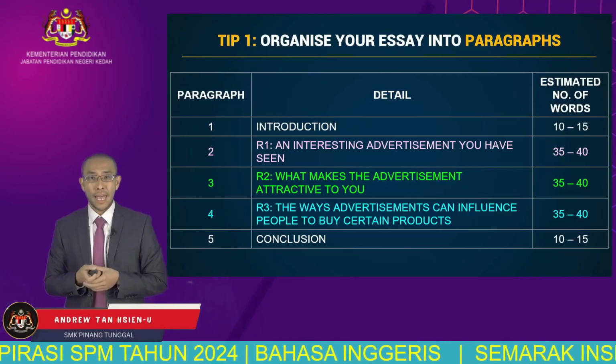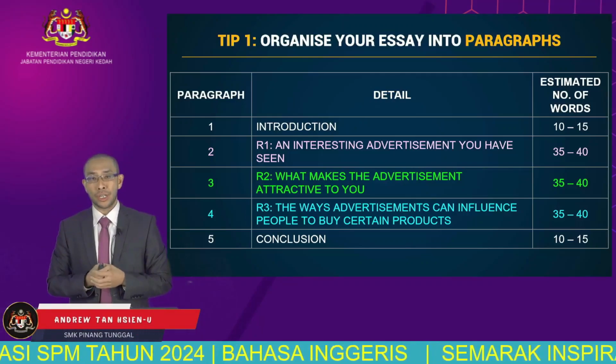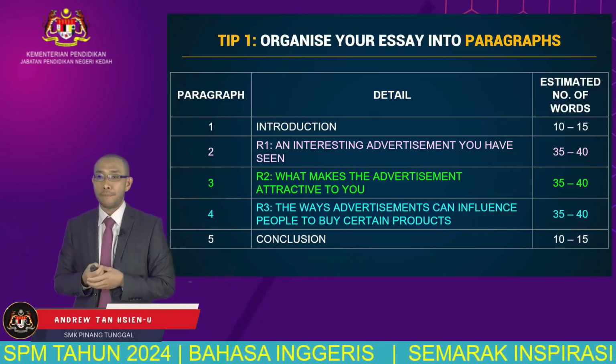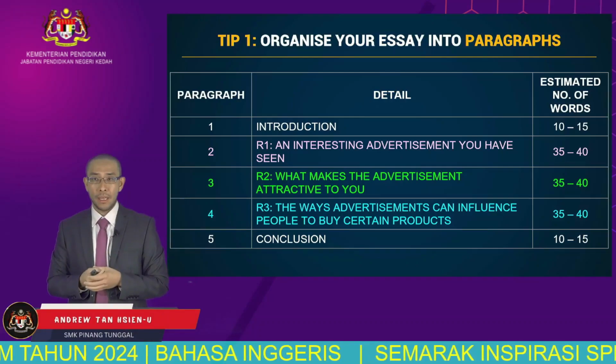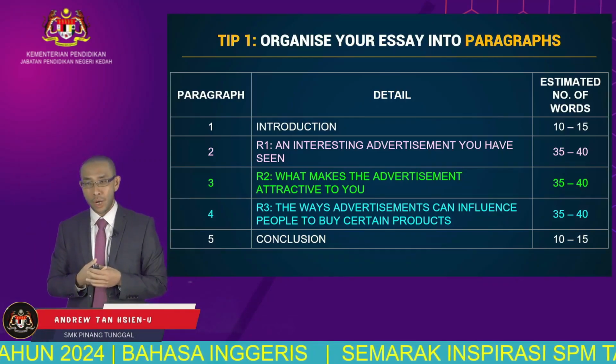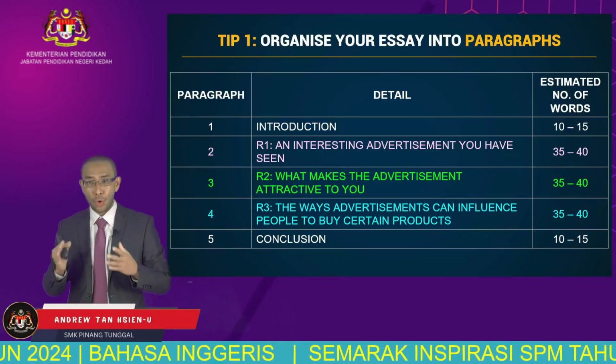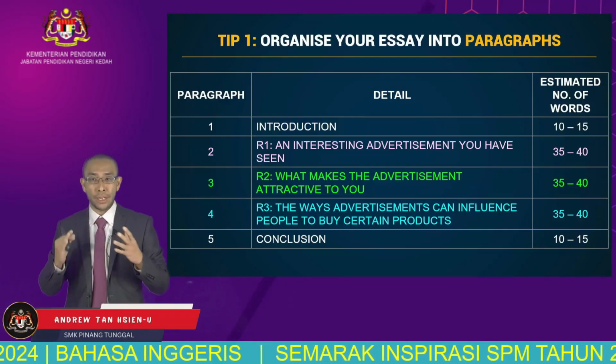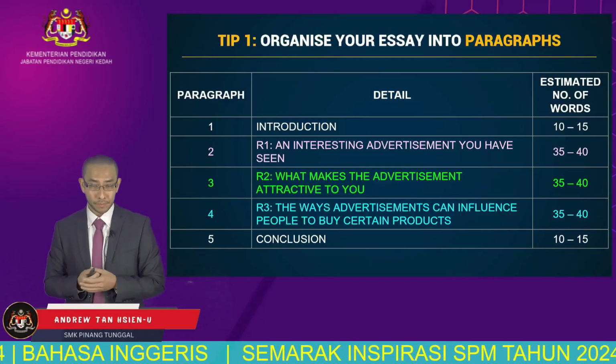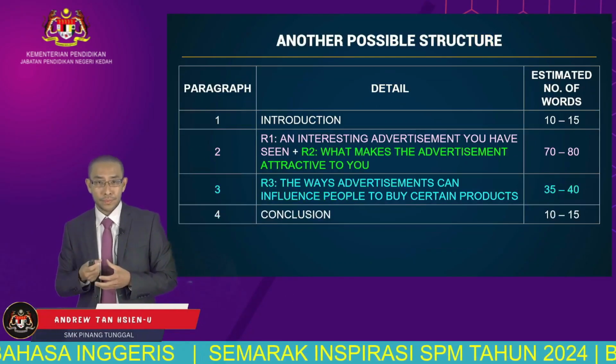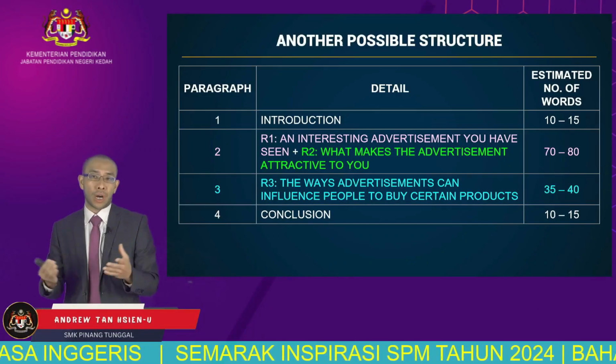All right? And then followed by a conclusion. So this is a typical 5-paragraph essay. Don't worry about the estimated number of words. We just put it there so you know roughly how many words you need to write in order to hit the number of words.